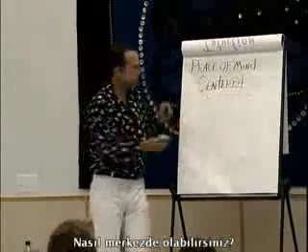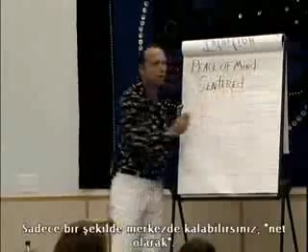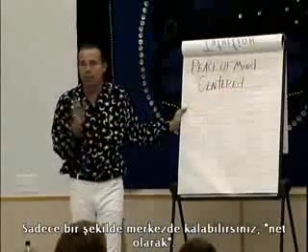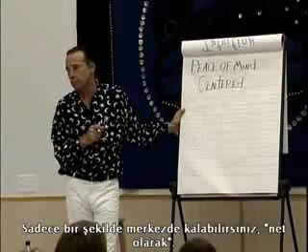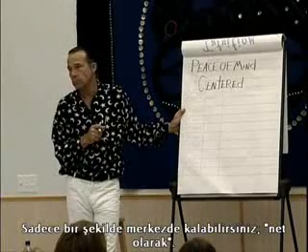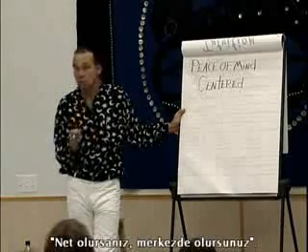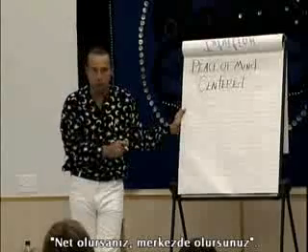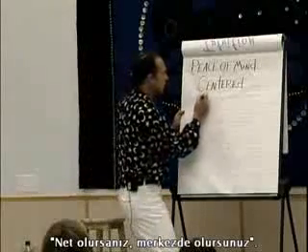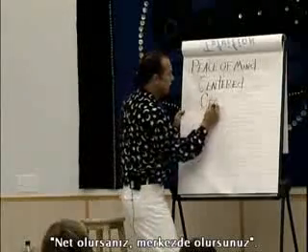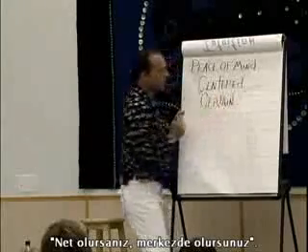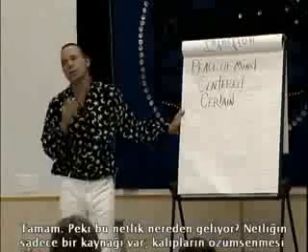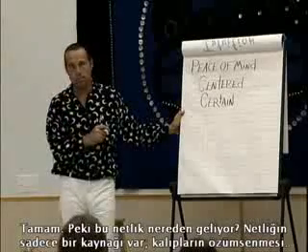How do you get centered? There's only really one time that you can be centered. That's when you're certain. When you are certain, then you're centered. Okay, where does certainty come from?